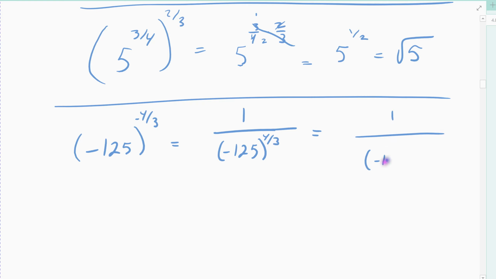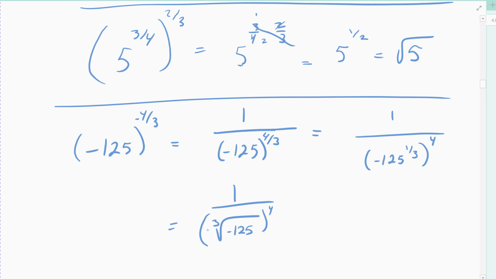So remember, I can rewrite this as 1 over negative 125 to the 1/3 raised to the 4th degree. I can split the 4 and the 3rd, which can be rewritten as 1 over the cube root of negative 125, and then that to the 4th power.